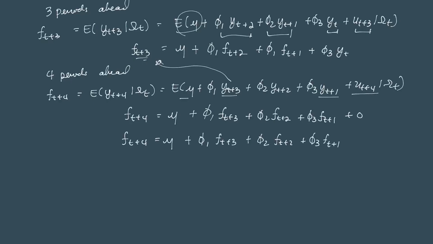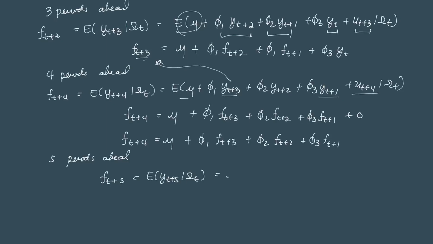As you can see, if you try to forecast more and more periods ahead, we can generalize, say s periods ahead. For an AR3 model, this reduces to ft plus s, s periods ahead, which is the expected value of yt plus s conditional on omega t. We can see a defining trend as we move to further and further horizons.